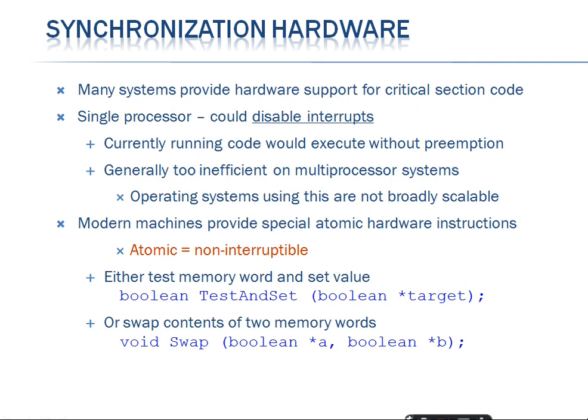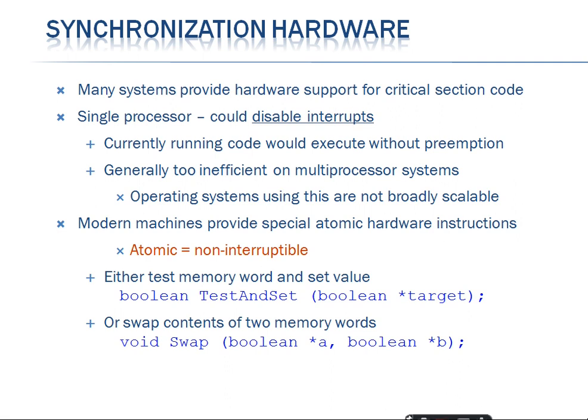In modern machines, they provide special atomic hardware instructions. Other than locks, special atomic hardware instructions are provided in modern machines. Atomic means non-interruptible. This atomic hardware instruction is non-interruptible.